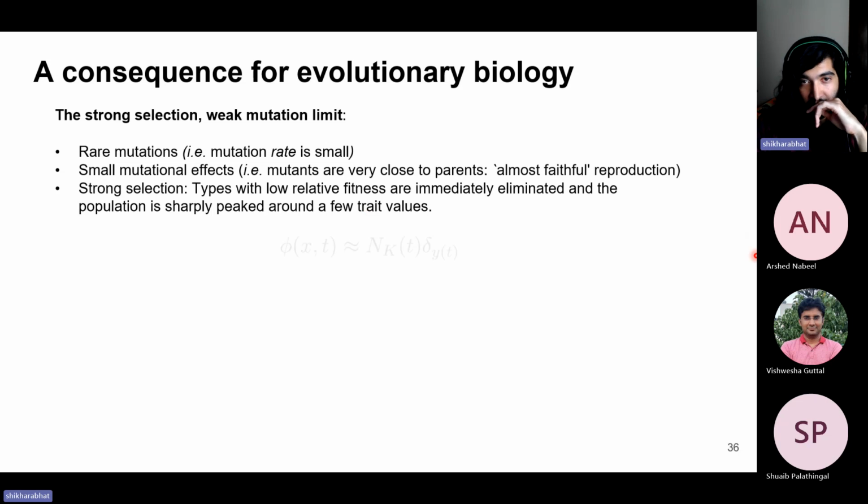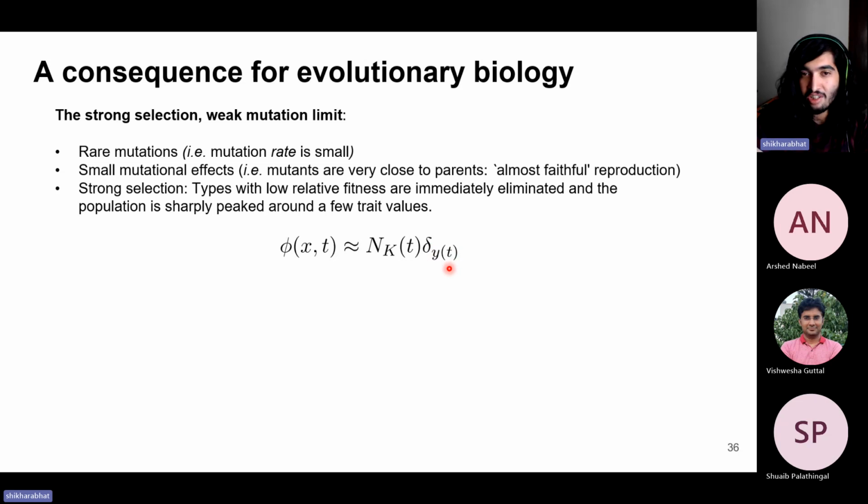In this case, because of the strong selection assumption and these rare and small mutational effects, we can assume that our population is essentially monomorphic. That is, phi of x,t is some scaling that you can ignore times a Dirac delta that is moving across state space according to some trajectory y of t. And we would like to know y of t.